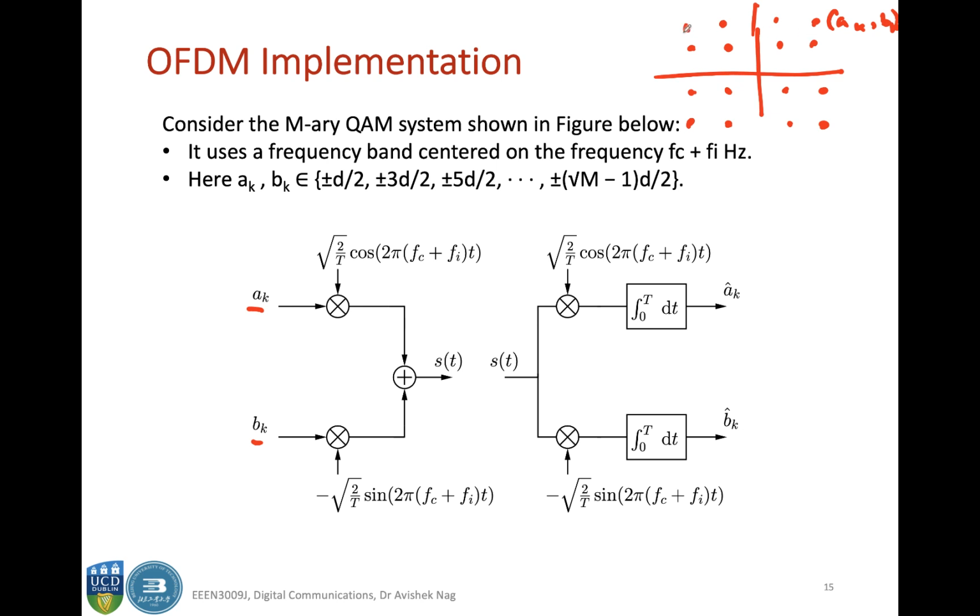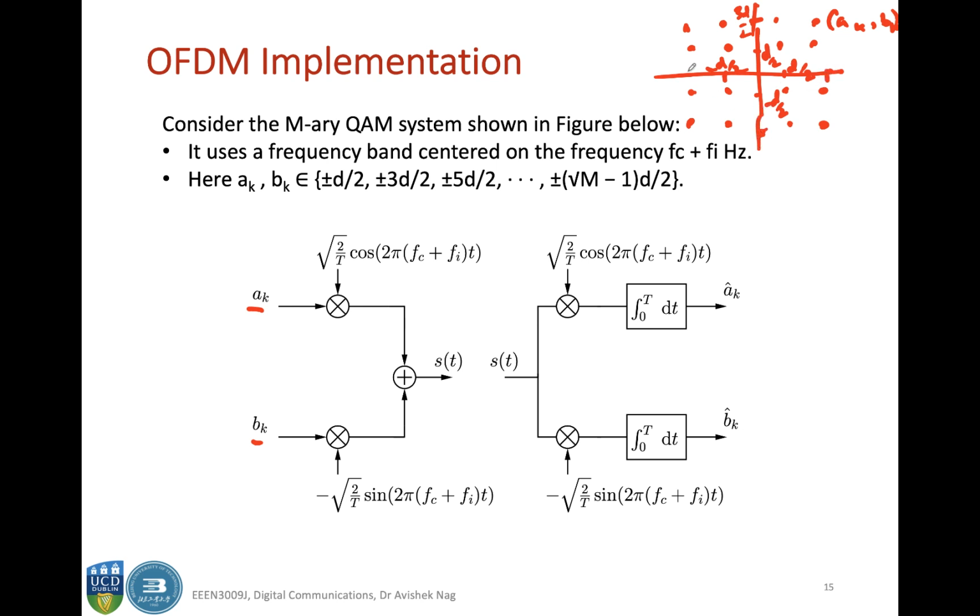Let's say this is 16 QAM in the figure that I have drawn here. If you choose the distances, let's say this is d by 2, this is minus d by 2, and these are different multiples of d by 2. Let's say each of the signals is d apart, so this will be 3d by 2, and this will be minus 3d by 2.